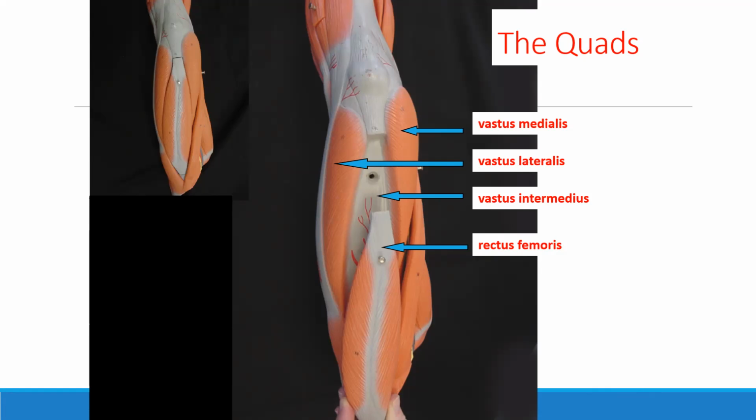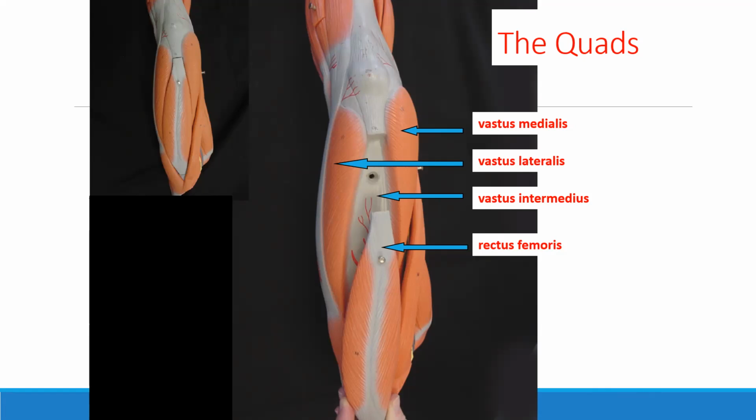They work opposite of each other. The quads are going to work opposite of the hamstrings, the muscles in the back of the thigh. So these 4 quadricep muscles are going to be the antagonist to the hamstrings.